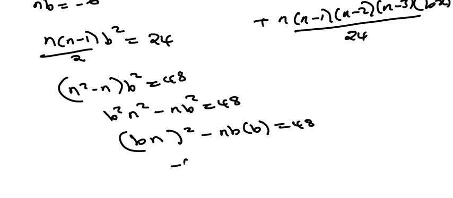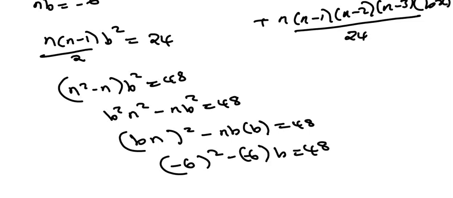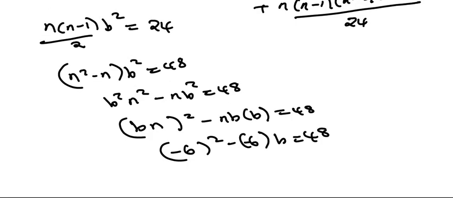This here is negative 6. We square it. There's a negative 6 there. Let me just see if I did it wrong. There's a 36. That's going to be plus 6b. This is 48. So 6b is the one. We got b first.